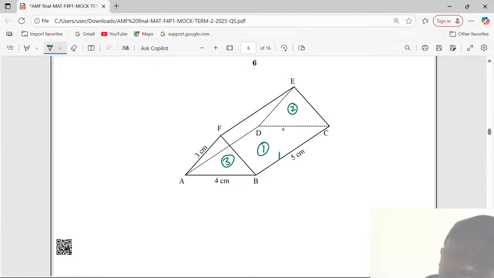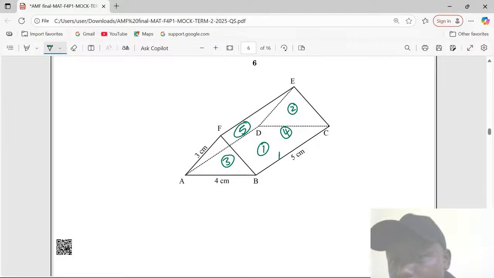So this can be the 4th one, and the 5th one is here. So we are having 5 faces: a triangular base, some other sloping triangles, then the front triangle and the far triangle.